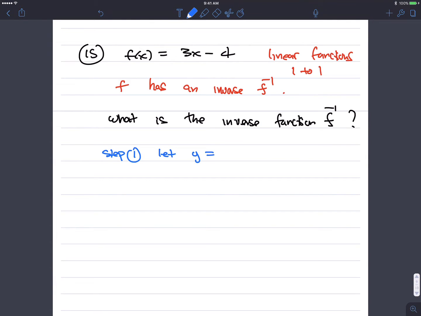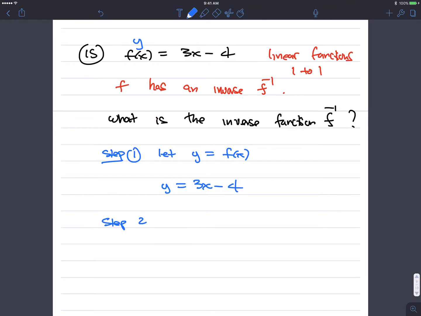Let y equal f of x. That's step 1. You might say, what do you mean? Well, that's what we let y be. So you get y equals 3x minus 4. That's what you do for every one of these functions that you have to find the inverse for. Let y be f of x. That's step 1.